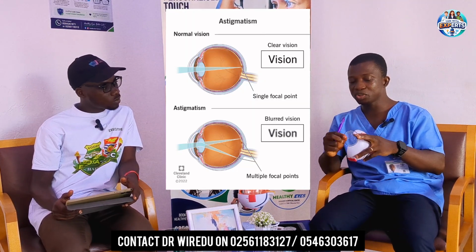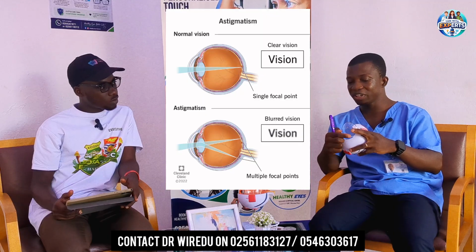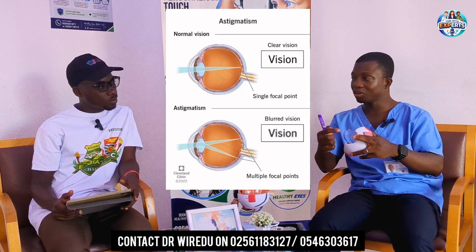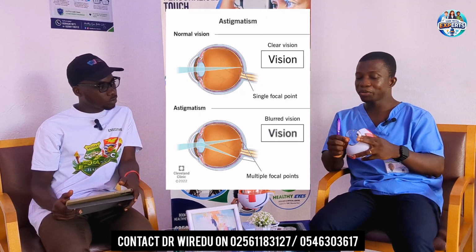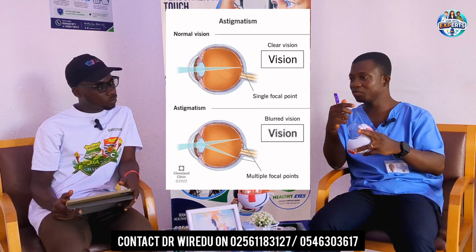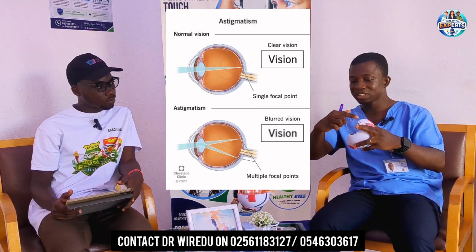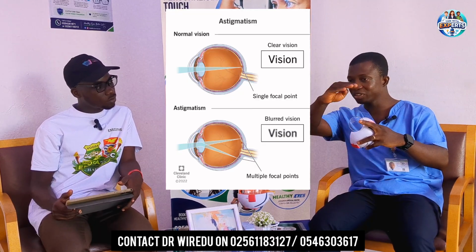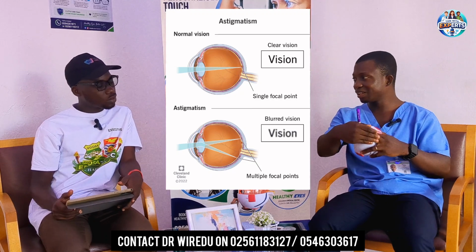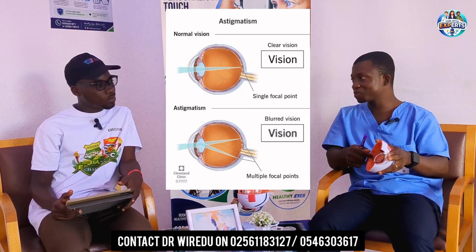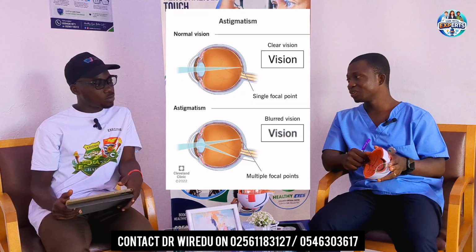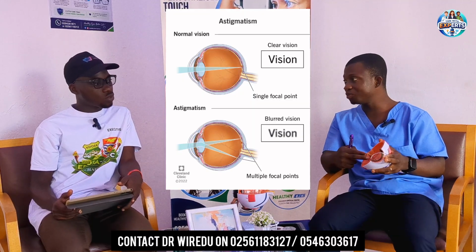The cornea is supposed to be kept evenly, vertical, horizontal, in all angles. But there are some people whose cornea is not evenly curved. Sometimes the vertical will be steeper than the horizontal. So when that happens, it will split the light into two, and that will form two images.